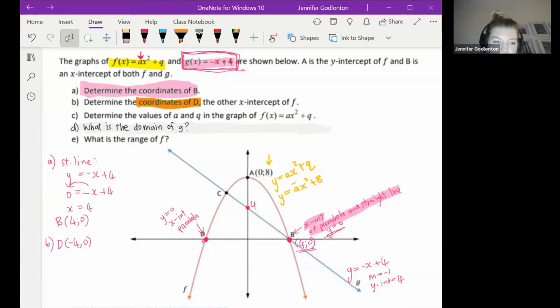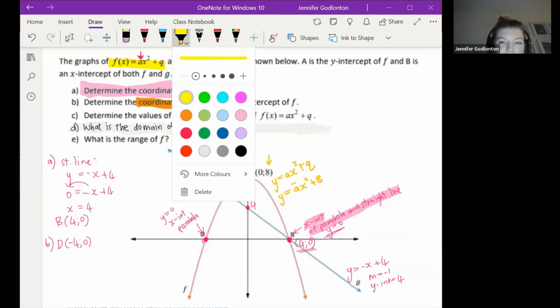Okay, cool, good progress. You see, don't look at these questions and panic and be like, it's too much. We just have to break it up into small little sections, and then it's not so bad. Okay, next question.